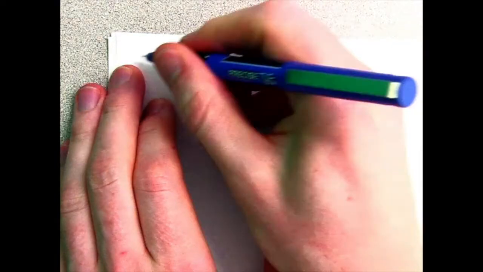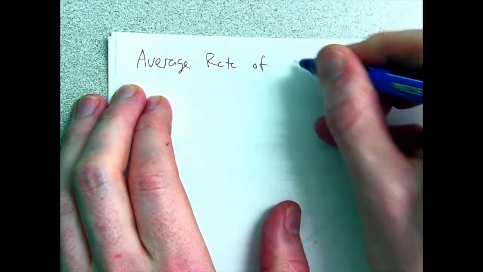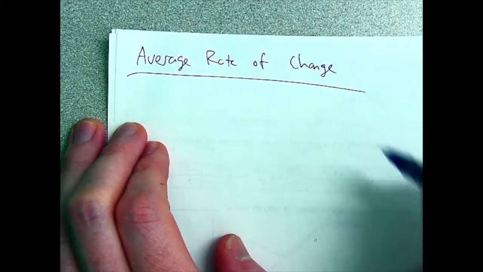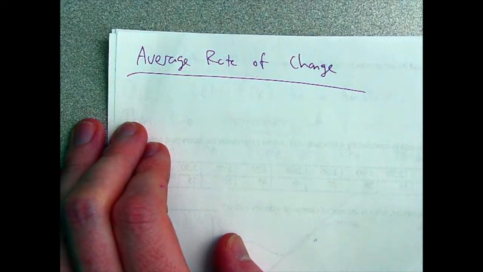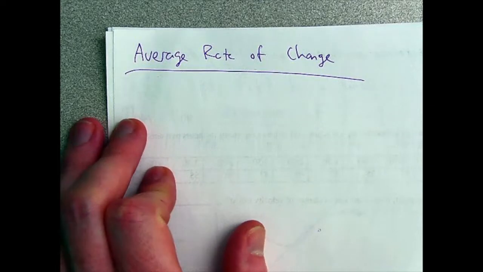All right. So I want to talk about, first of all, the average rate of change of a function. This is something you saw a while back, like freshman year maybe. I'll just give you the formula.